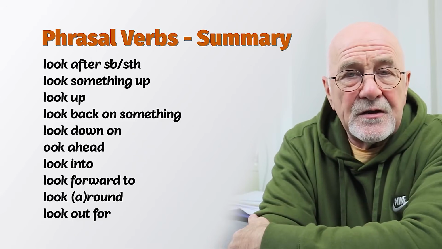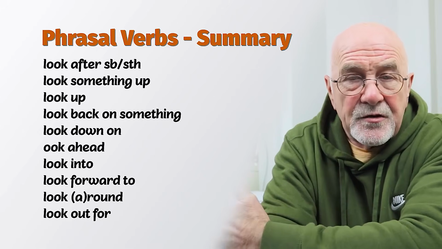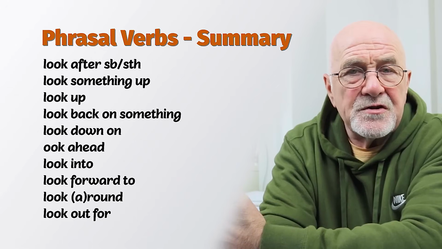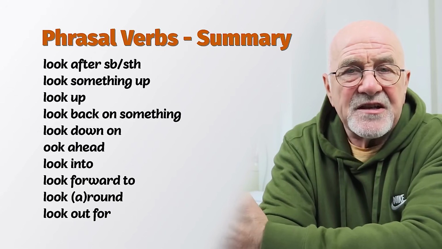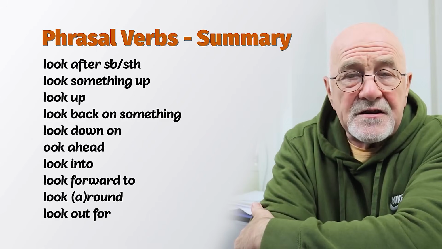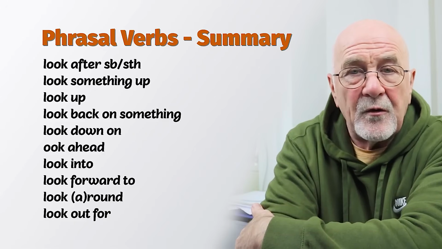Number 6, to look ahead can mean to look straight ahead when you're cycling so you don't have an accident, or to plan, to see what you're going to do next week, next month, next year, to look ahead into the future. Look into something means to investigate, to research, to find out what's happening or what did happen.